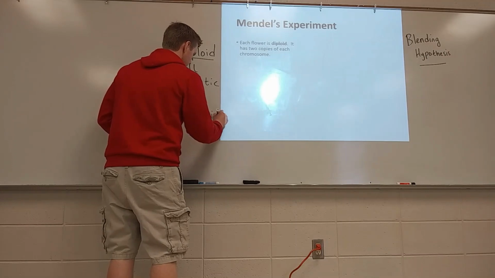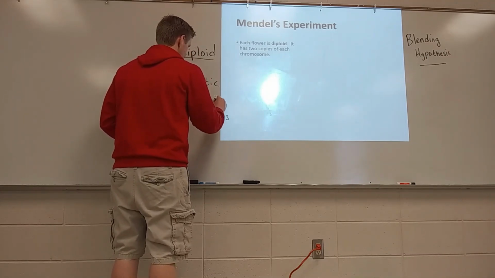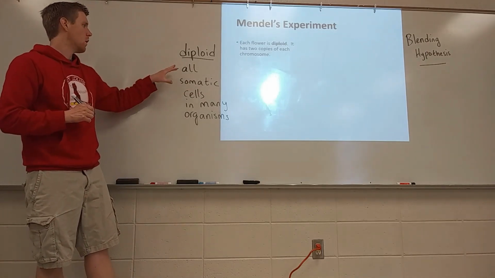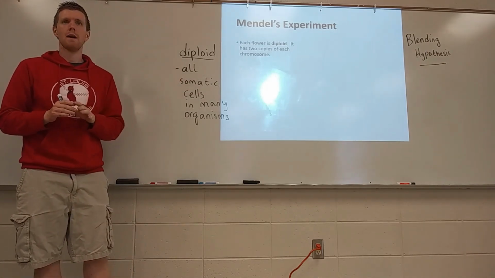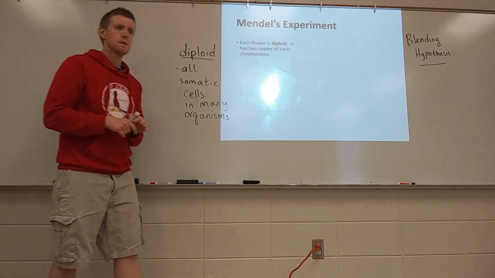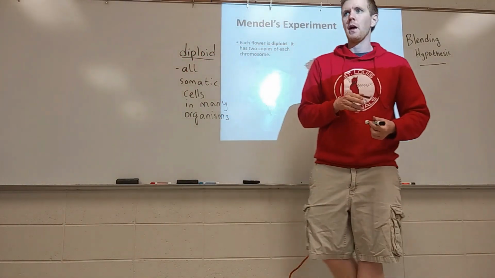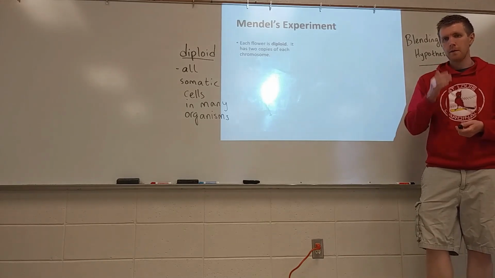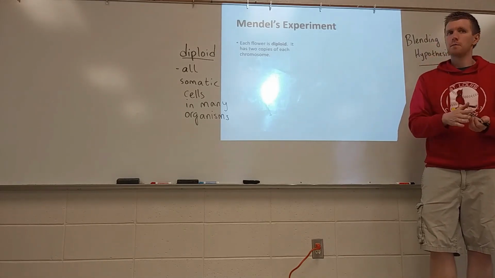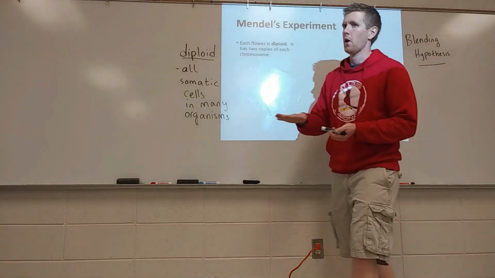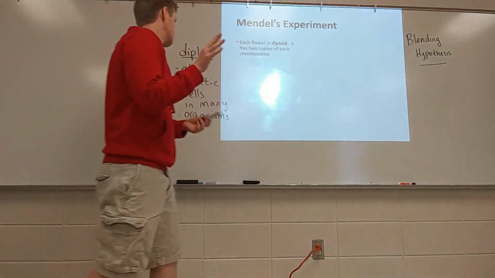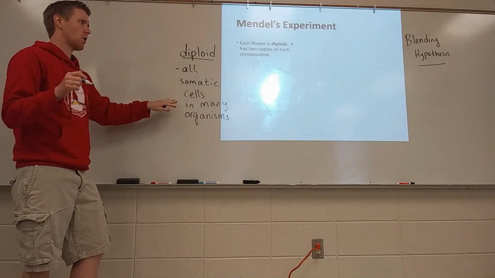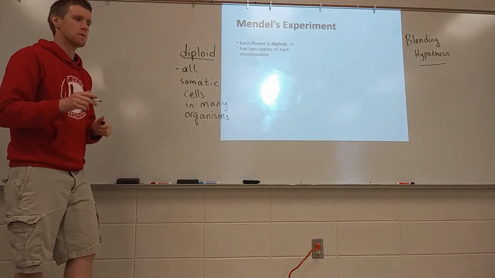In an organism, such as yourself or a pea plant, you have mostly what are called somatic cells. These are all of your cells other than egg cells or sperm cells used for sexual reproduction. Those are not diploid. We'll talk about what they are in a little bit. But all body cells, all somatic cells are diploid, two copies of each chromosome.